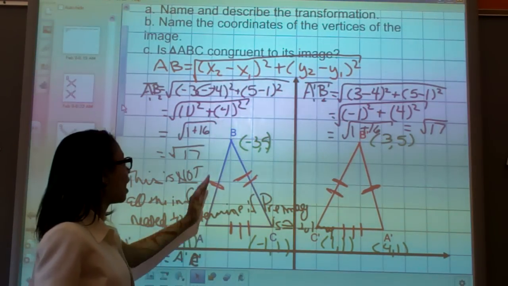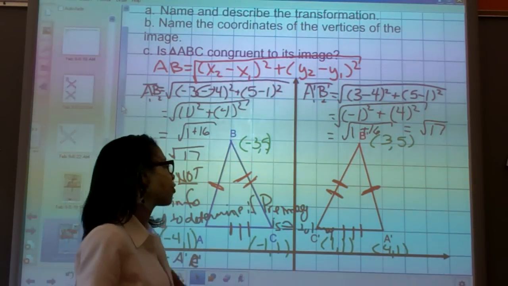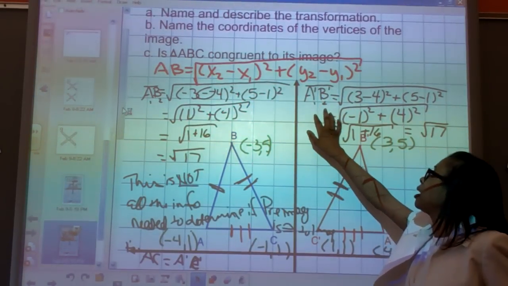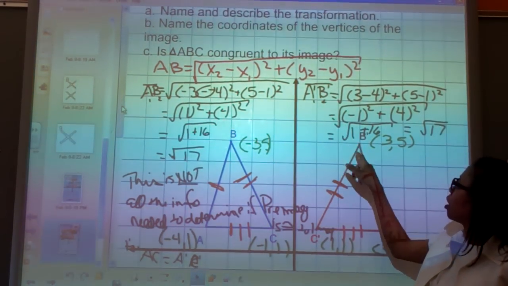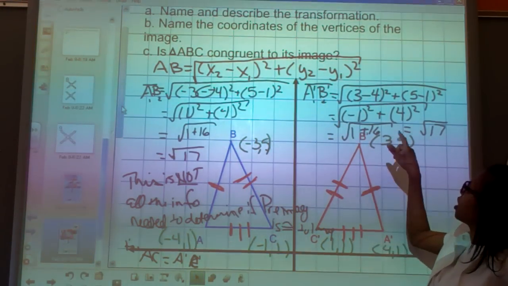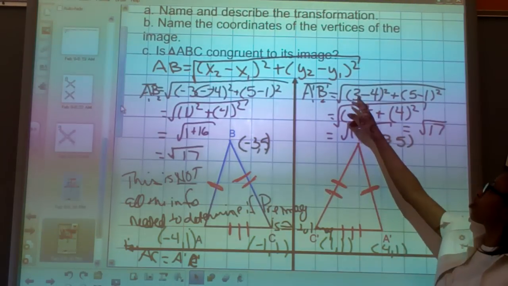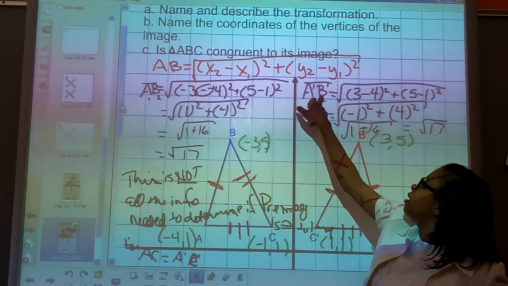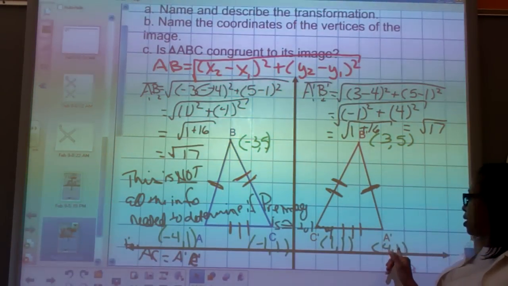In order for us to say that AB is the same length as A prime B prime, we better get the same exact length for A prime B prime. Now, let's look at the measures of A prime B prime. Same thing, I'll let B prime be the 2's, A prime be the 1's. What's my x of 2? That's going to be my B prime, 3, minus x of 1, which is going to be my A prime value, 4. So 3 minus 4 squared plus y sub 2, my 2's are the B's. So y sub 2 is going to be this 5. 5 minus, and my y sub 1 is going to be here the 1.